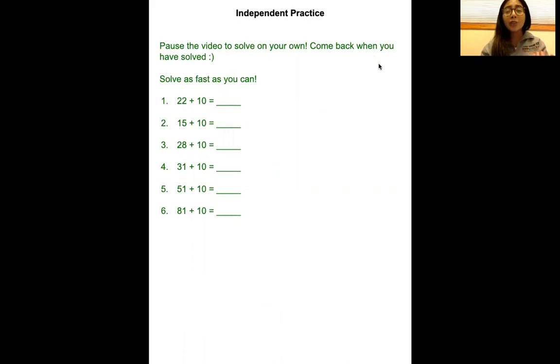I think it says that you can already do this by yourself. Right, so pause the video here and see if you can solve all of these number sentences by yourself. And when you have solved them, come back to see if you got the same answers I did. And remember, just like the chant says, add one more to the tens place.